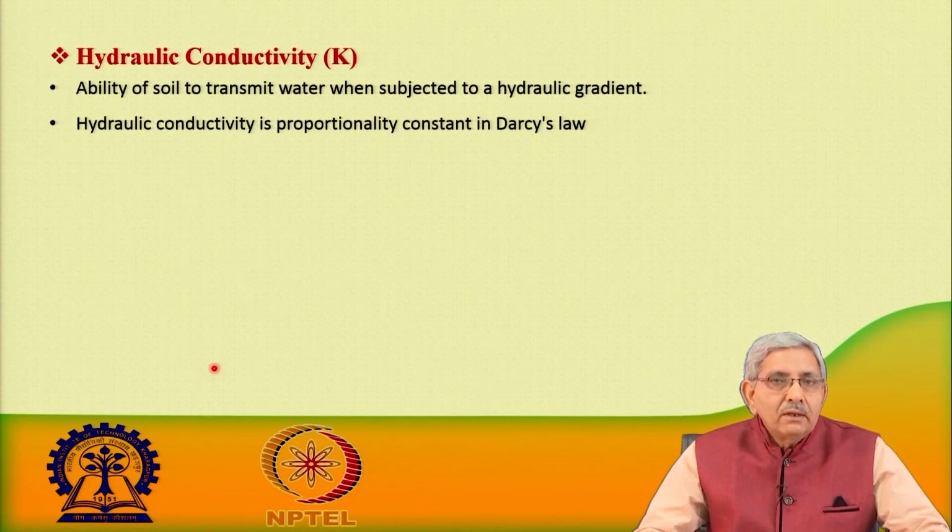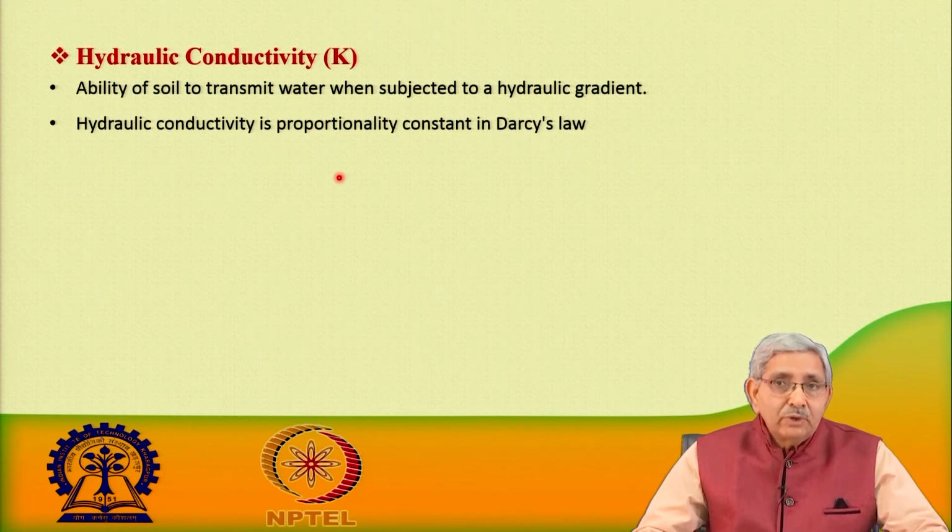Now, hydraulic conductivity is a very important parameter playing a role when we consider flow through an unsaturated or saturated column. It is the ability of soil to transmit water when subject to a hydraulic gradient. So, K will depend upon the soil texture and also the water holding capacity.